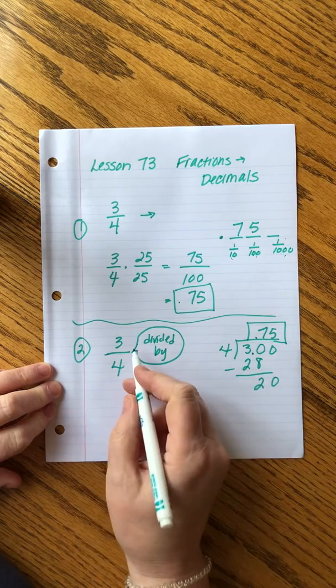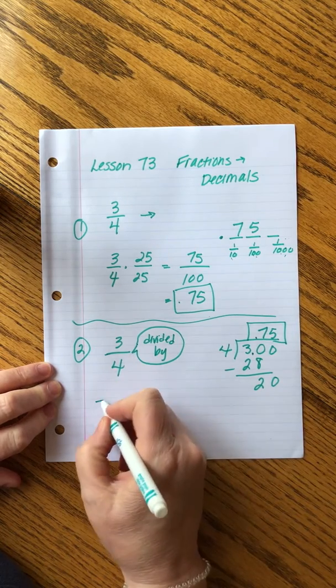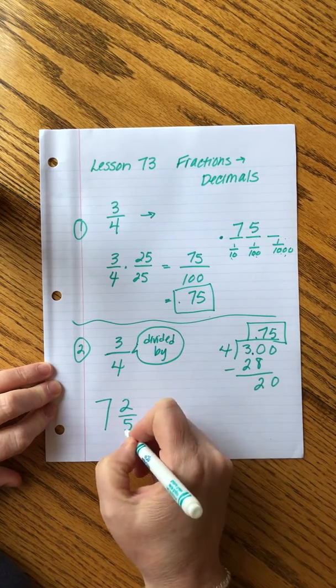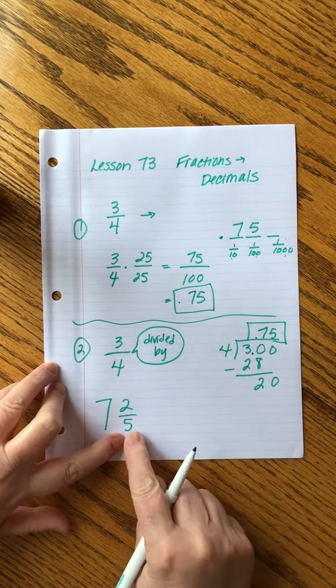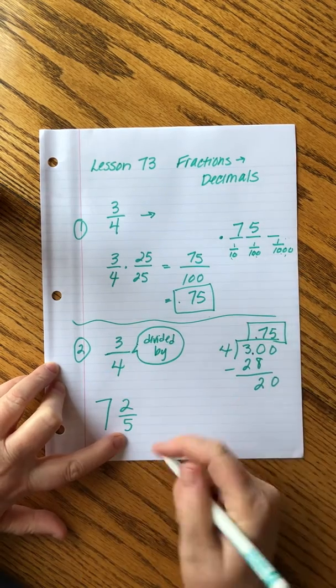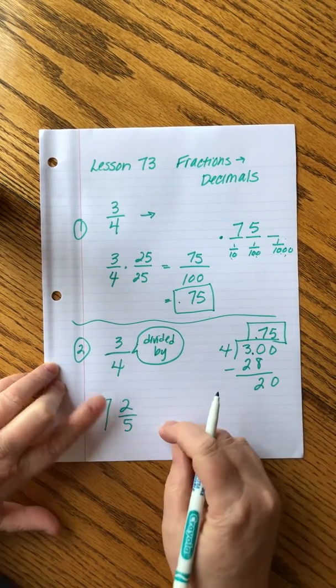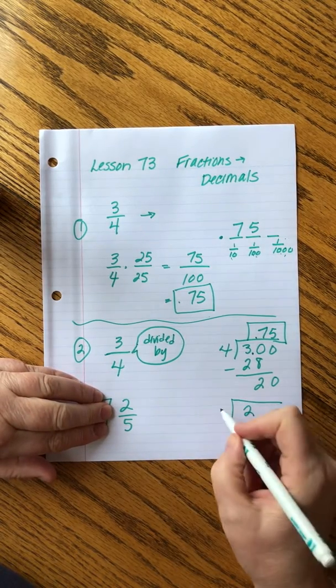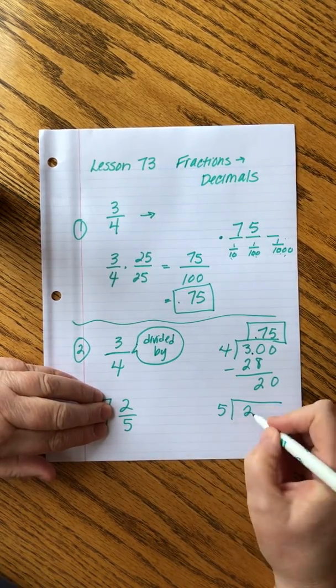Another example using this method, what if we want to write 7 and 2/5? Well, we could recognize that 5 converts easily into 10, but let's not do it that way. Let's do it the divided by method. We can ignore the whole number and just say 2 divided by 5.